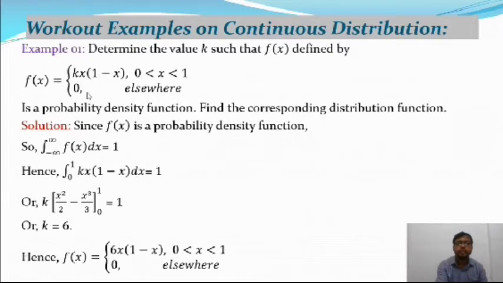Here fx = kx(1 - x) in the interval 0 to 1 and 0 otherwise. Now we divide this integration into three parts: first, minus infinity to 0 of fx dx; second, 0 to 1 of fx dx; and third, 1 to infinity. In the interval 0 to 1 the functional value is kx(1 - x), and in the other intervals the functional value is 0.